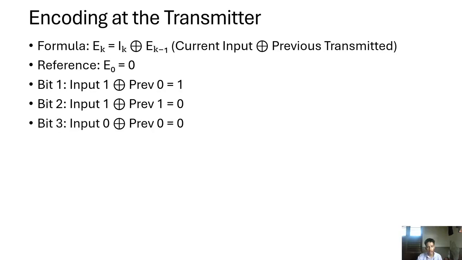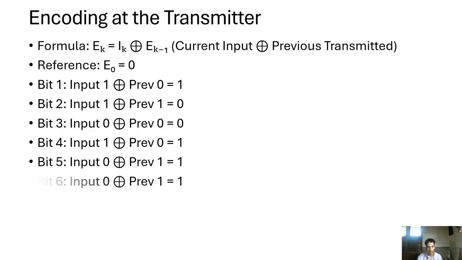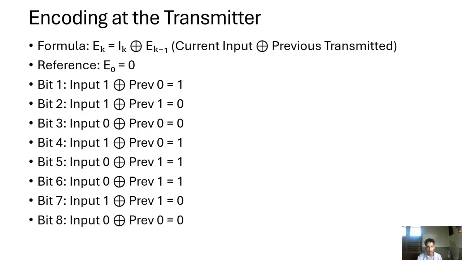As we cascade down the entire 8-bit sequence, each new encoded bit depends on the bit before it. Notice that our final transmission sequence is 1001100. It looks completely different from our original signal.